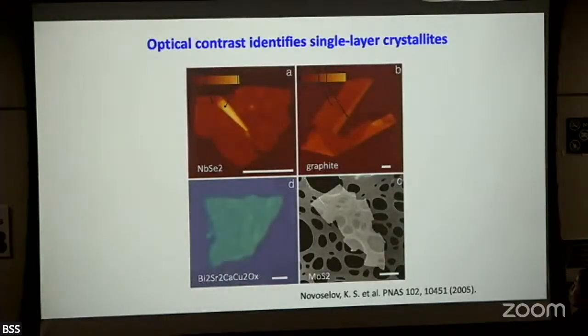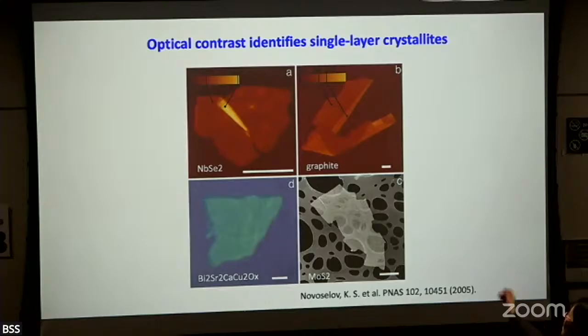And optics actually played a very important role in the early days of 2D research. So this is a paper from 2005, so you see it, then you know what you have, right?